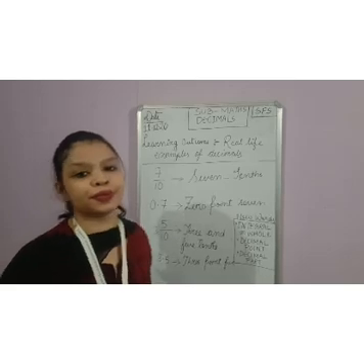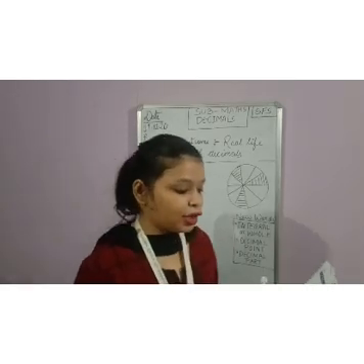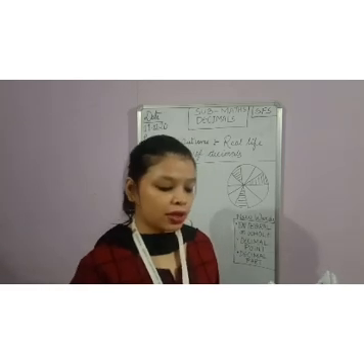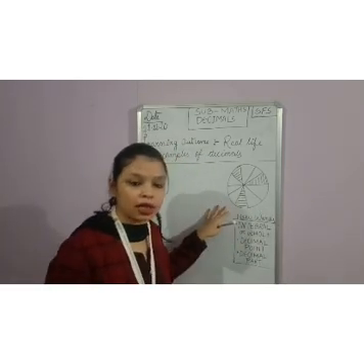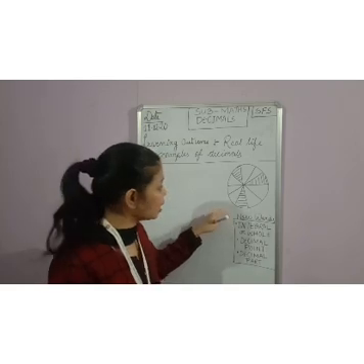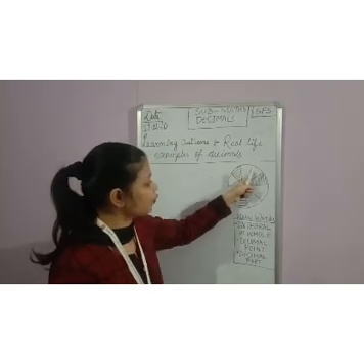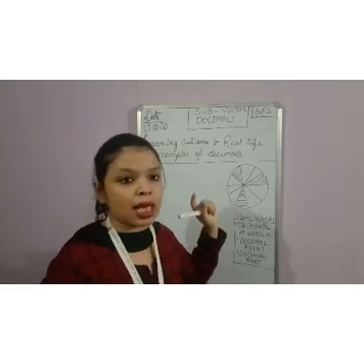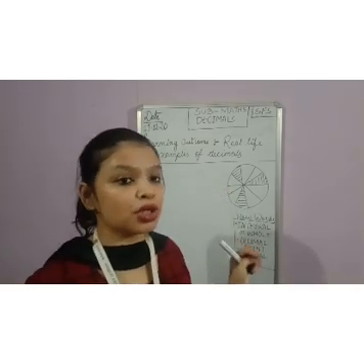Okay children? Example 9 is given here. Ajay and Vijay represented the colored part of the figure given as follows. So it is a circle here. It is divided into 10 equal parts. How? 1, 2, 3, 4, 5, 6, 7, 8, 9, 10. 10 equal parts, and out of that 3 parts are shaded here.